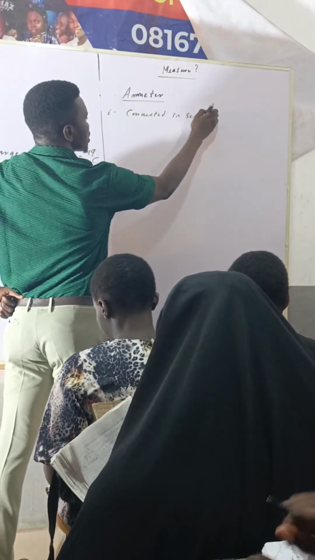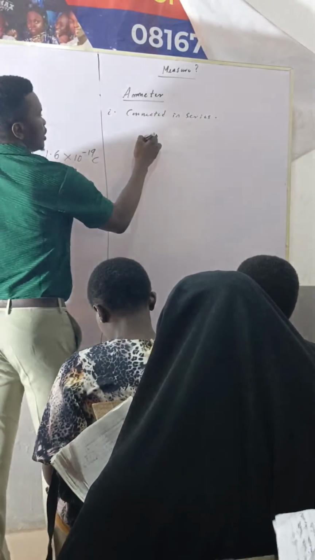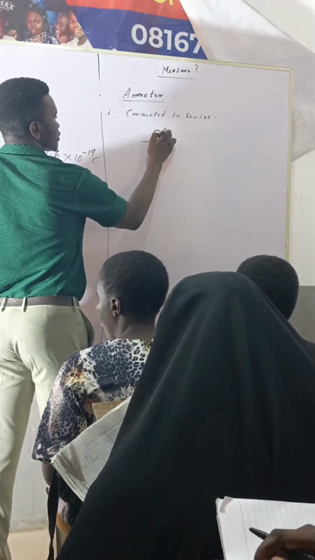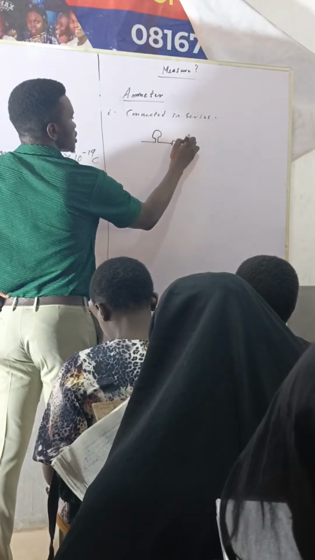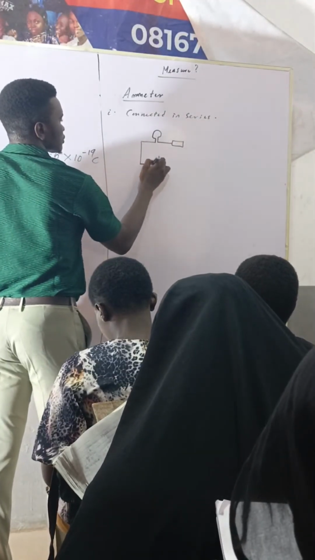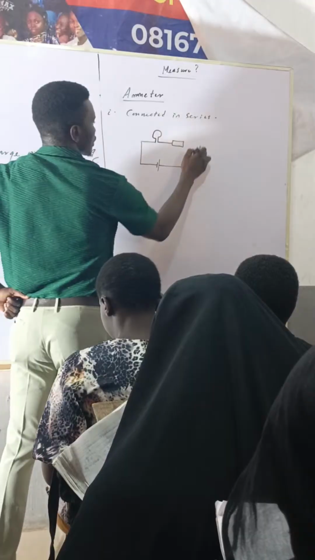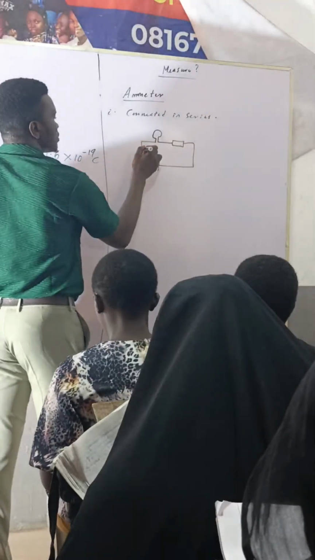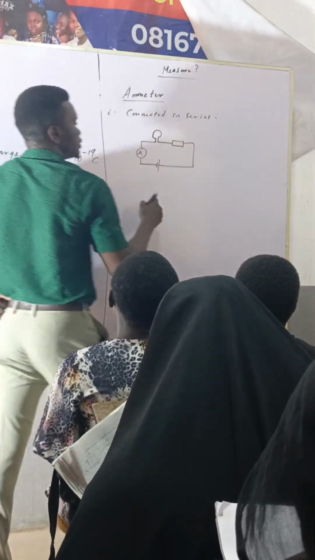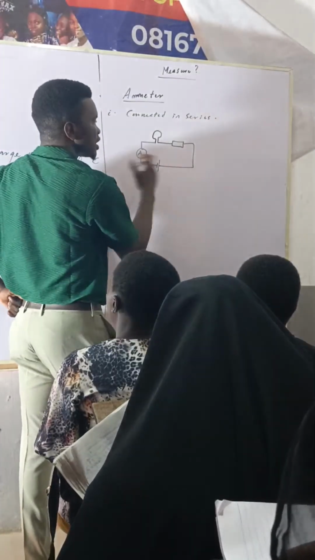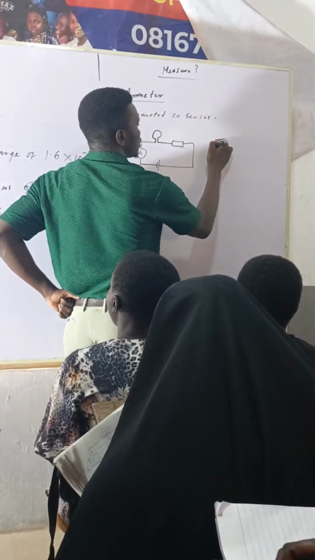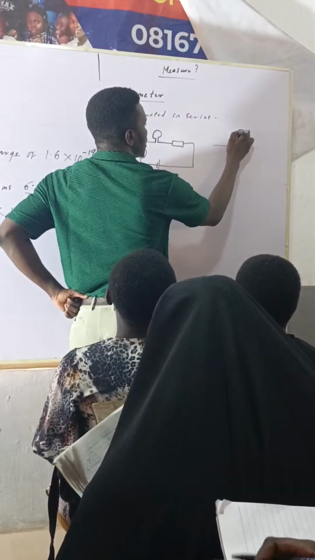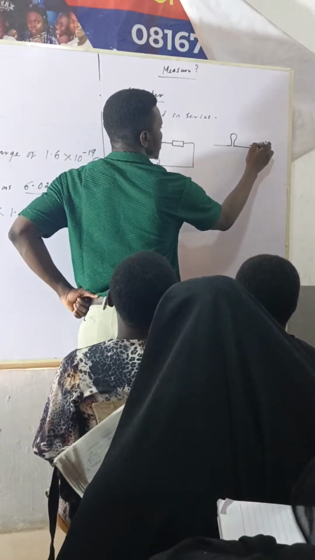Let's go back to what I taught you this morning. Let's say this is a circuit. It has this. So I connect my ammeter. There's a way you connect it, positive, negative, but just for class. Then I also have these circuits.